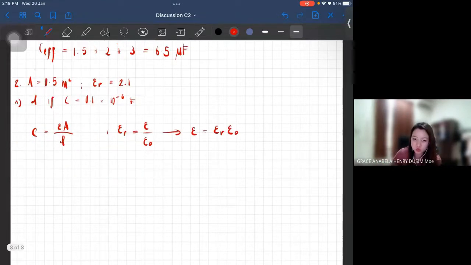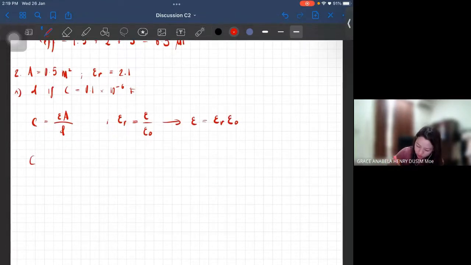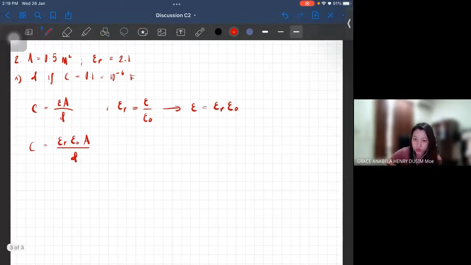So, dari situ, kita just substitute into this equation here, A over D. Okay? Okay. Lepas tu, substitute lah all the values. So, you should get 9.29 times 10 negative 5 meter.